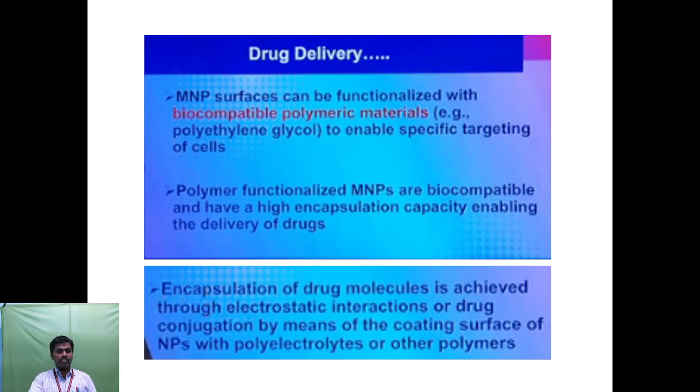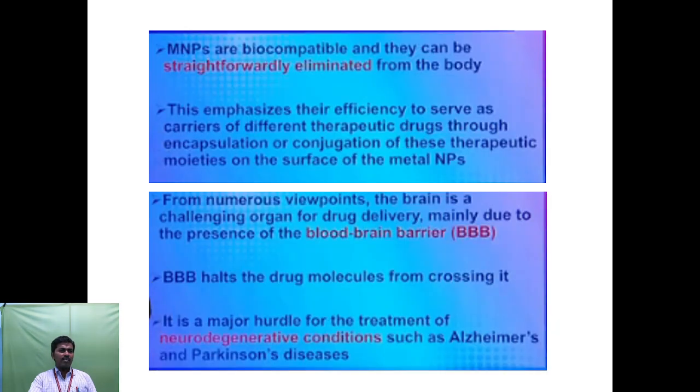Encapsulation of drug molecules is achieved through electrostatic interaction or drug conjugation by means of coating the surface of the nanoparticle with polyelectrolytes or other polymers. Metal nanoparticles are biocompatible and they can be straightforwardly eliminated from the body. This emphasizes their efficiency to serve as carriers of different therapeutic drugs through the encapsulation or conjugation of these therapeutic moieties on the surface of the metal nanoparticles.